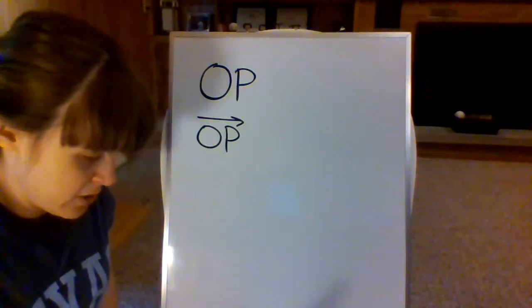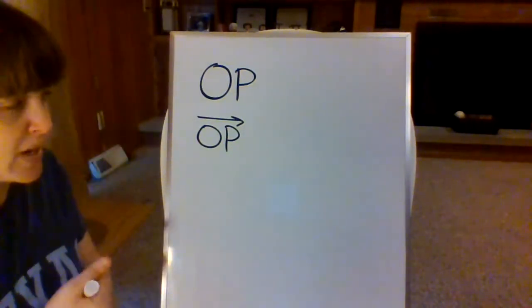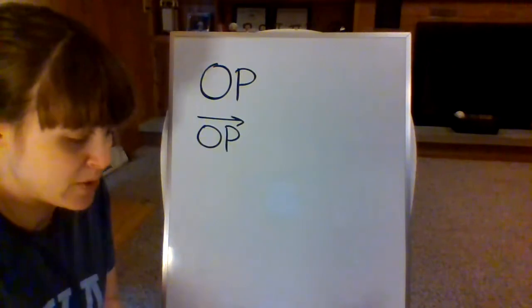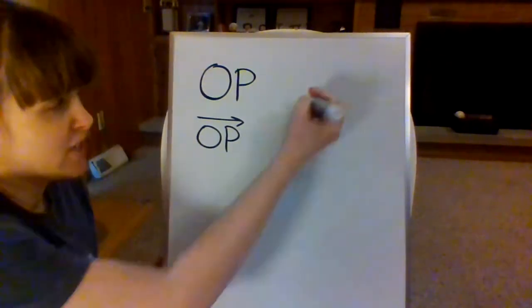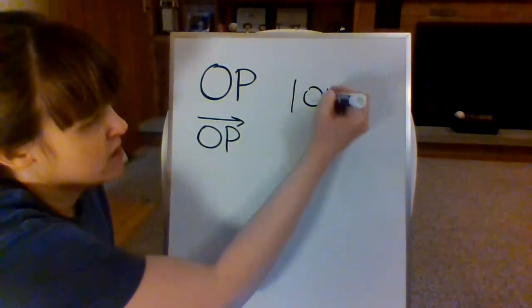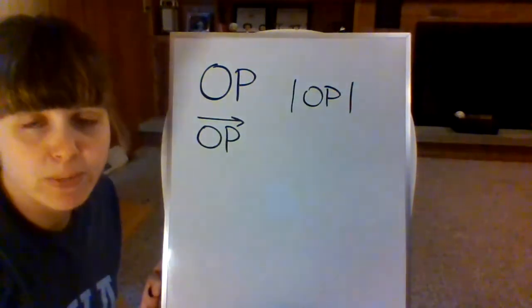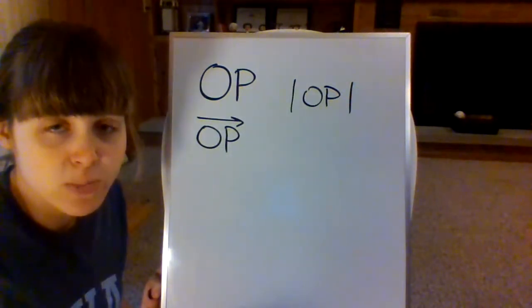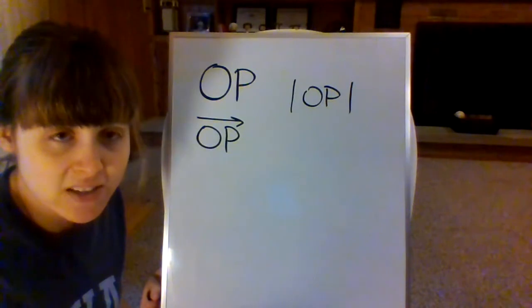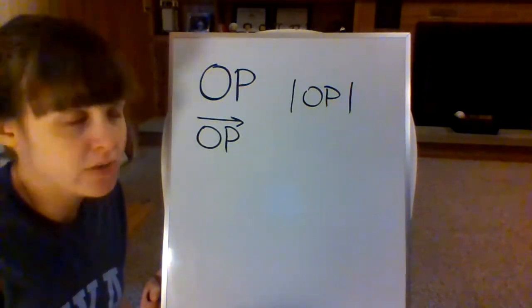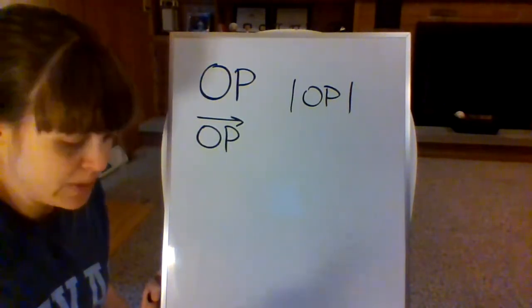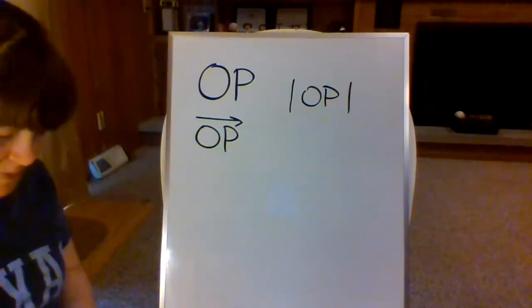Okay, so the magnitude of this vector, magnitude is written with absolute value bars around it, like this. And that represents the distance between O and P, or the length of the vector overall. So I'm going to teach you that formula today. All right.